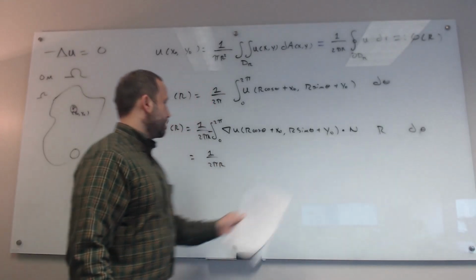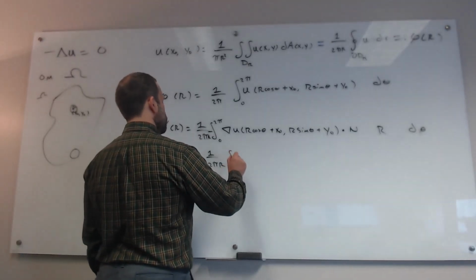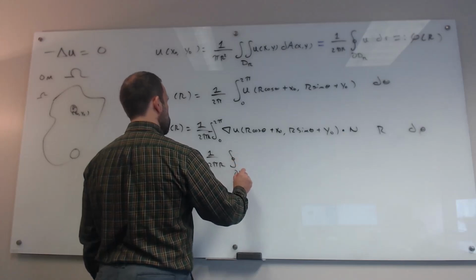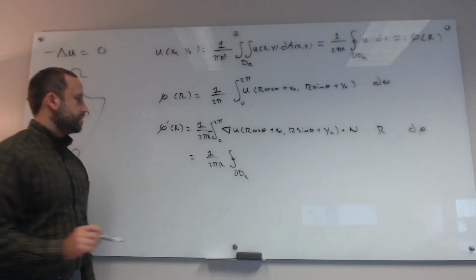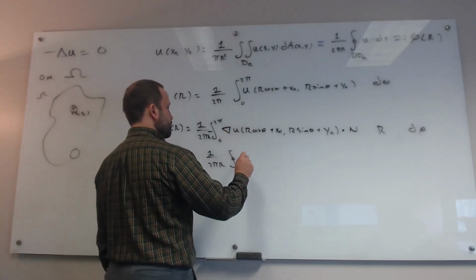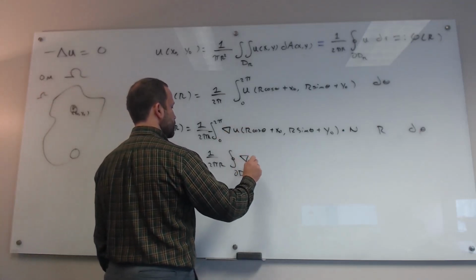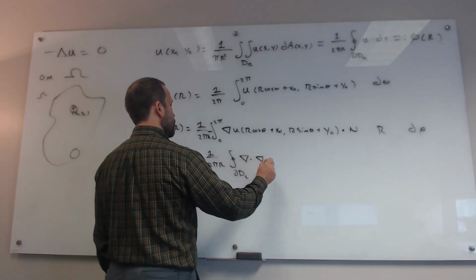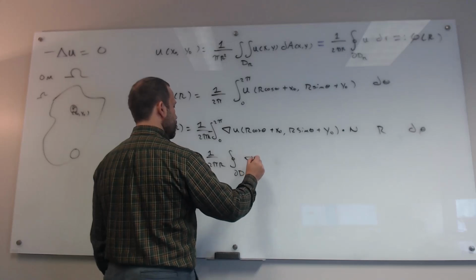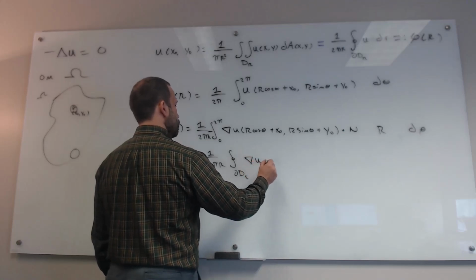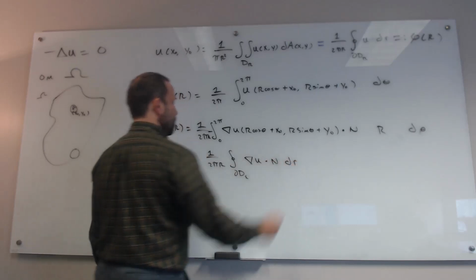That's what this is. In other words, this is equal to the integral over this set of the gradient of u dotted with the normal vector dr.